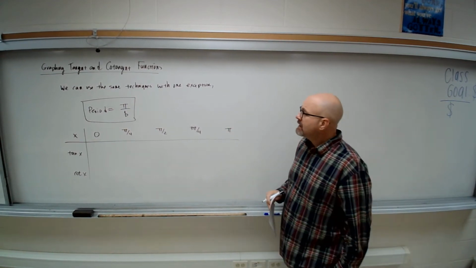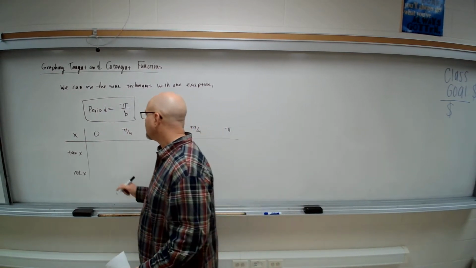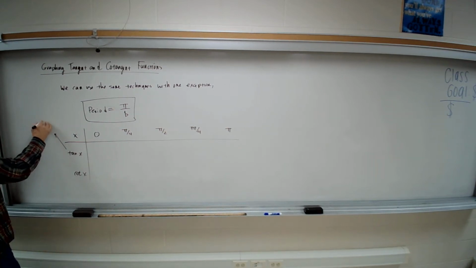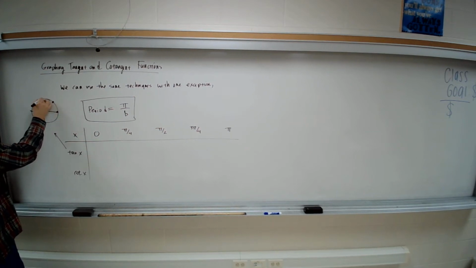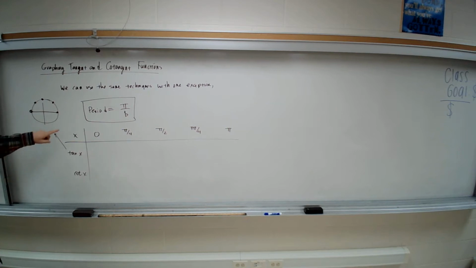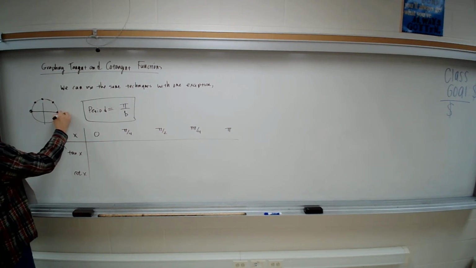Okay, so let's make sure we know what those values are. The tangent of 0, and again, I like to think about a unit circle, but here we're not going all the way around, we're just looking at these values here, correct? So the tangent is 0, we know tangent is y over x, and that would be 0.